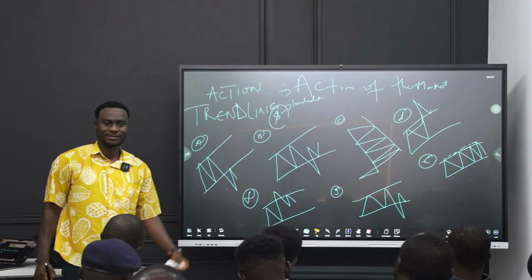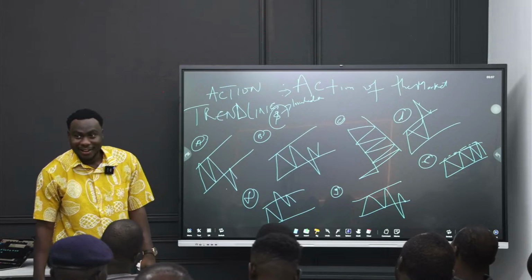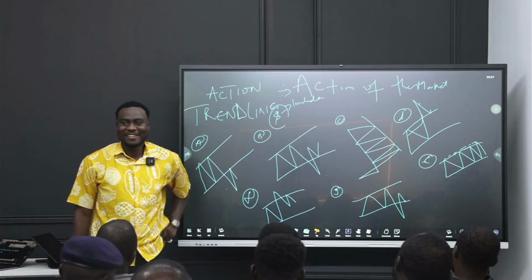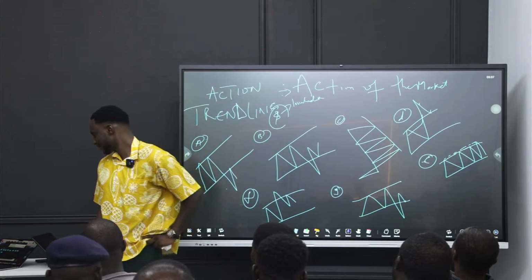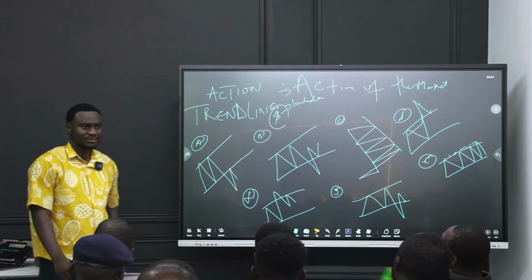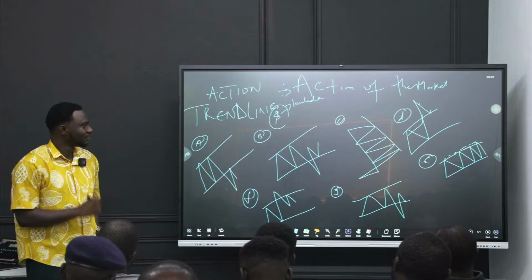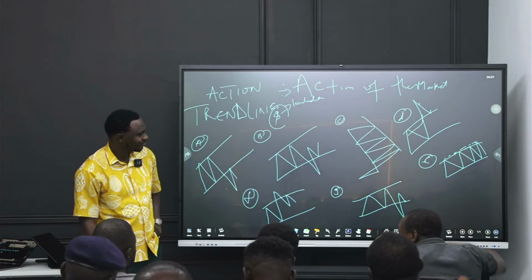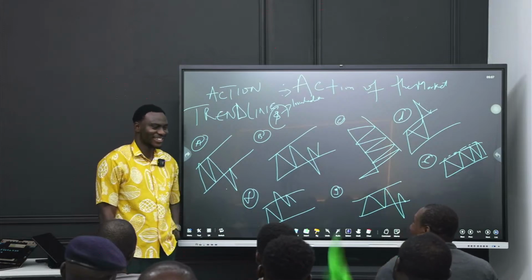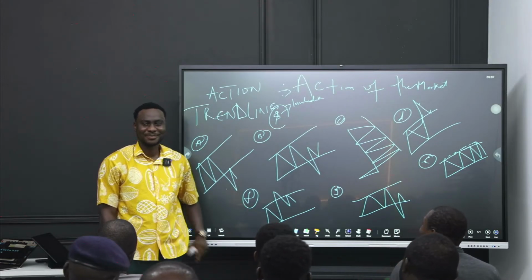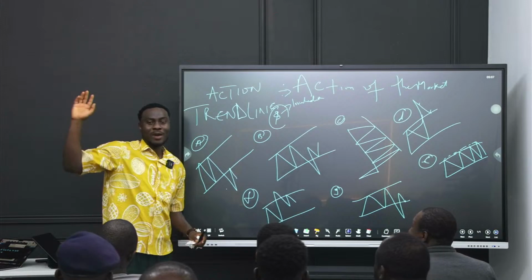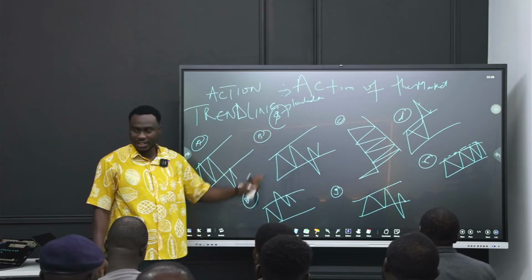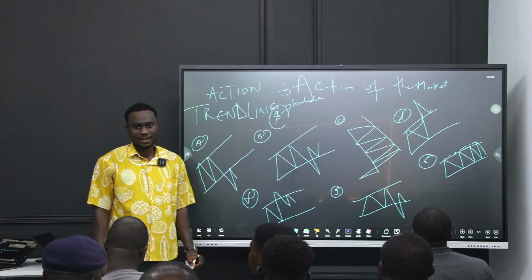What about C? It breaks out in the direction of the trend. This is continuation. So what are we going with? Correct. What about D? Continuation.